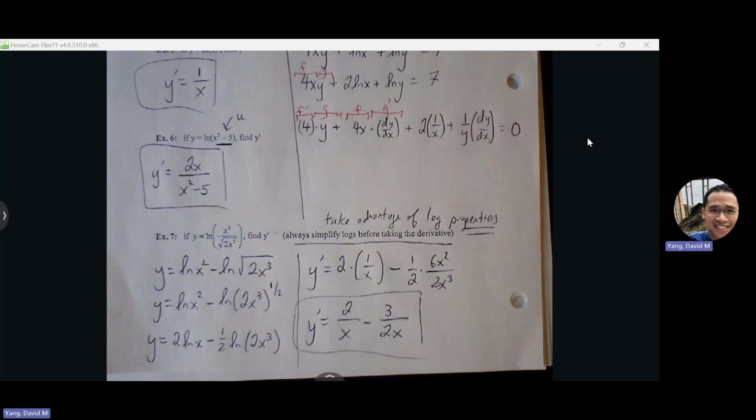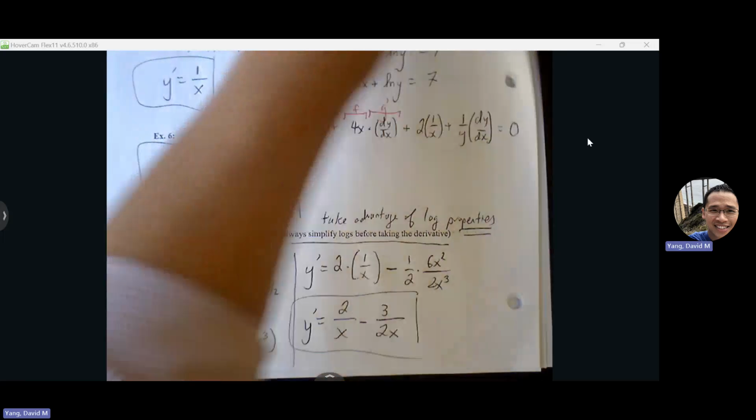Okay, we have one more new topic today, and that is derivative of an inverse at a point. So let's go to page 6.